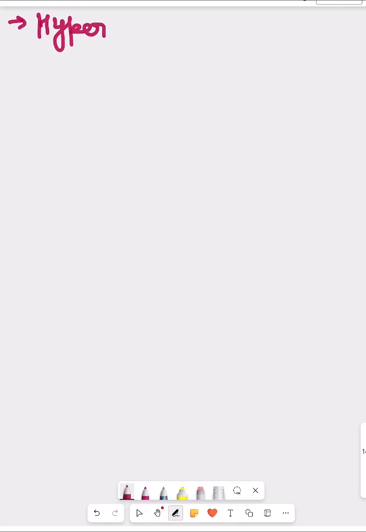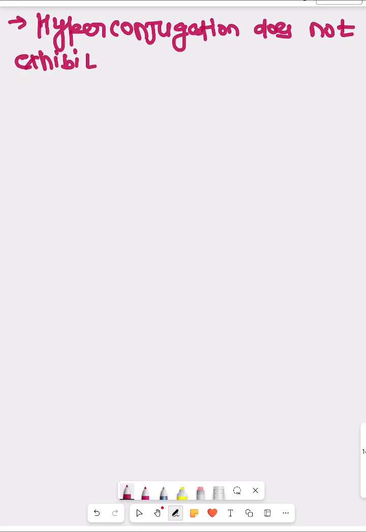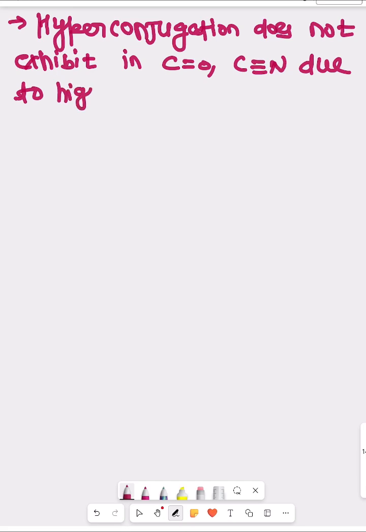Hyperconjugation does not exhibit in your carbonyl or in your cyanide group due to the high energy of the pi star orbital.